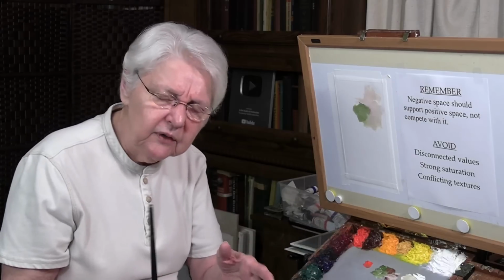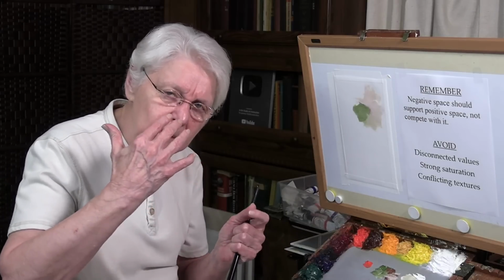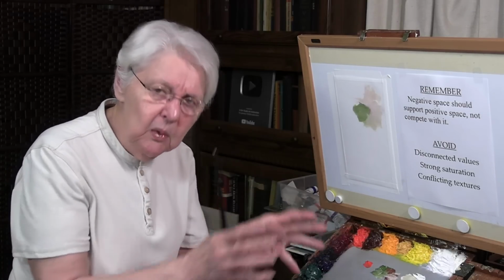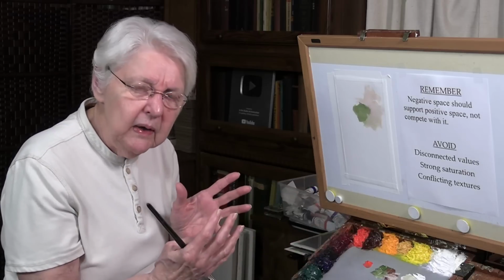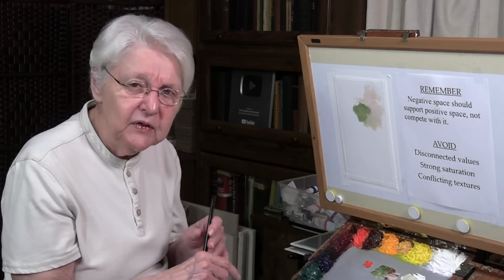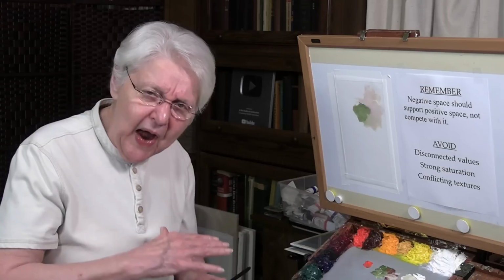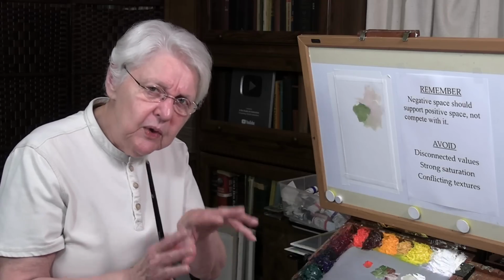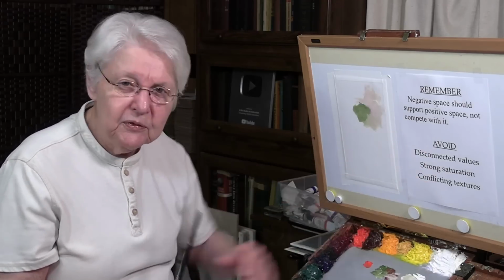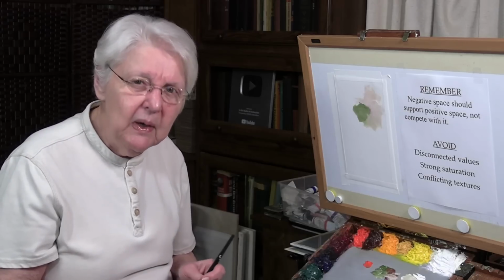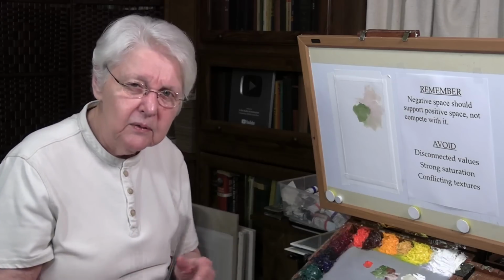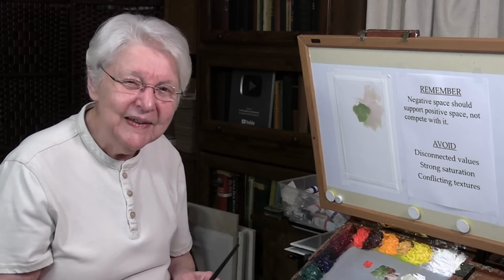Avoid conflicting textures. It's better to have the negative area smoother, so that we can read and feel the emphasis of the textures in the positive area. So I think you'll find if you just practice those three techniques, keeping these points in mind, you will feel really, really good about the colors you choose for your still life paintings.